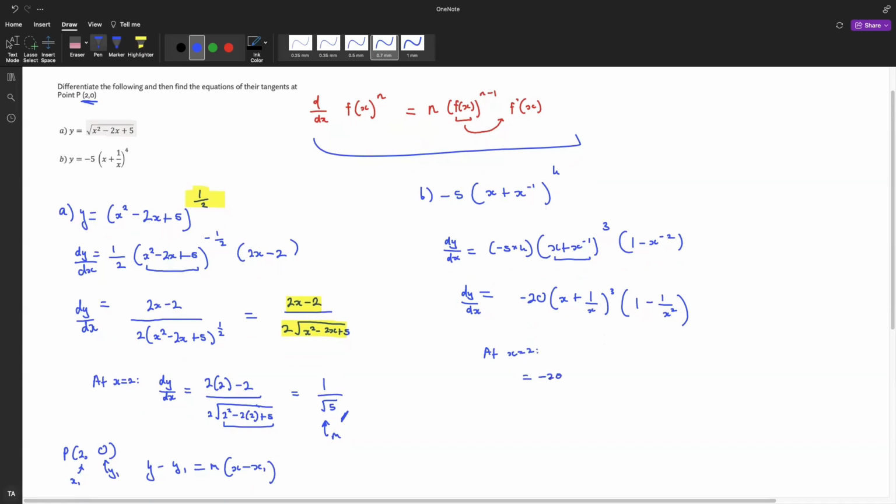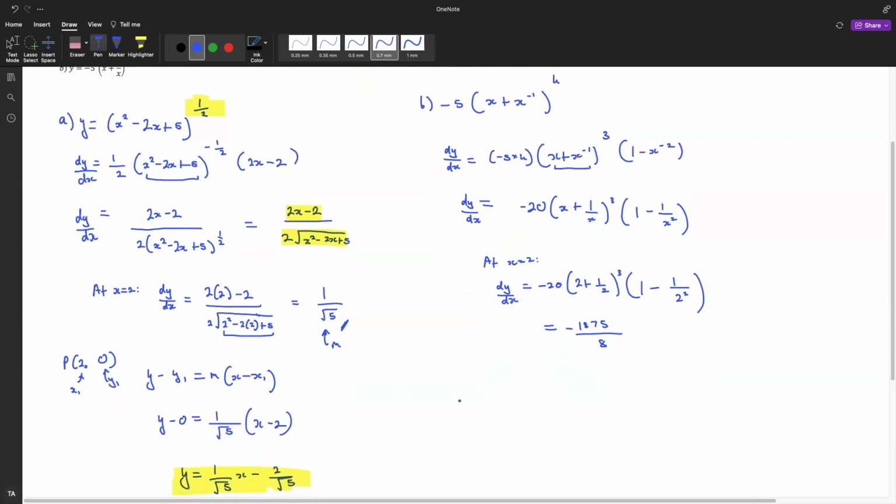At x equal to 2, dy over dx is equal to negative 20 times 2 plus 1 over 2, all to the power of 3, times 1 minus 1 over 2 squared. Putting that in your calculator, you won't have to worry much about decimals. Just rewrite your answer in fraction form, and you're going to get negative 1875 over 8 in simplified form.